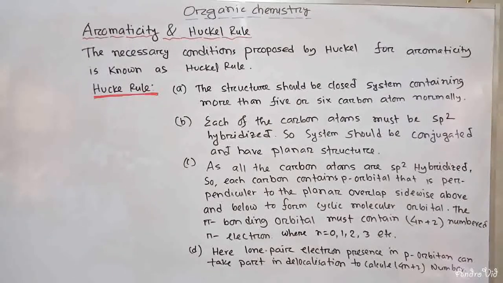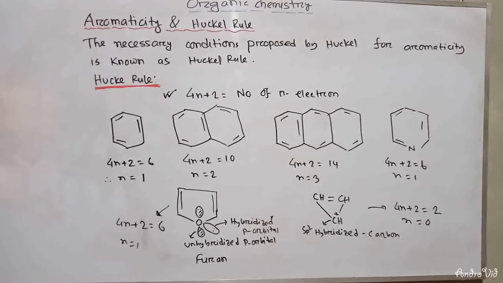So in that case, the lone pair electrons present in the p orbital can be treated as pi bonding electrons also. So you can determine whether this compound is aromatic or not aromatic by taking this p orbital lone pair. So dear student, now I would like to determine whether any compound is aromatic or anti-aromatic.